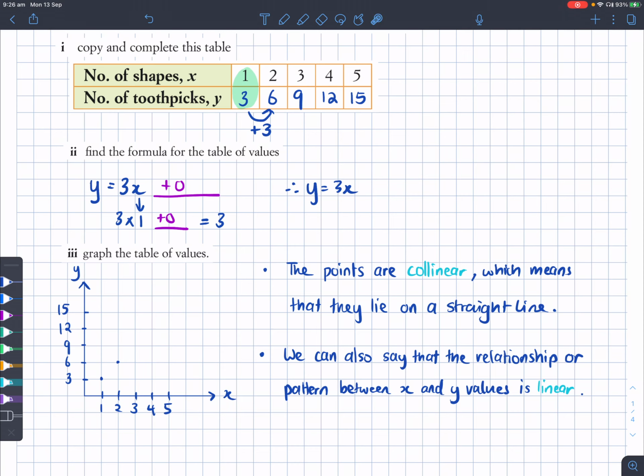Then for your next column, you've got x is 3, y is 9. So that means you go right by 3, up by 9, and then you just repeat the same process. So 4, 12, and 5, 15 means 4 right, 12 up.